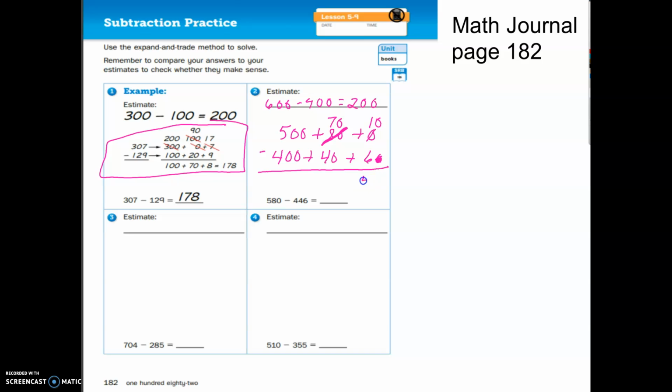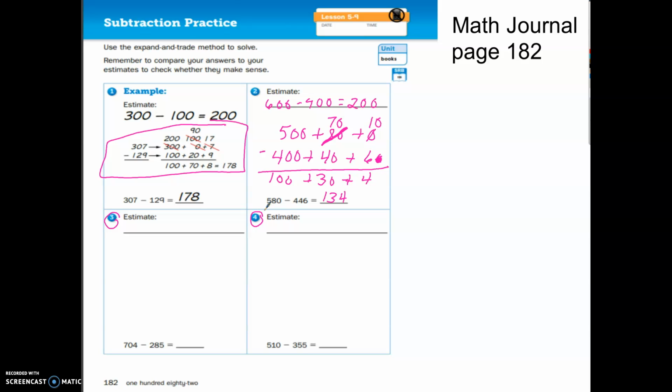So 10 minus 6 is 4. 70 minus 40 is 30. 500 minus 400 is 100. That's the expanded form. Put it together in standard form. My answer is 134.